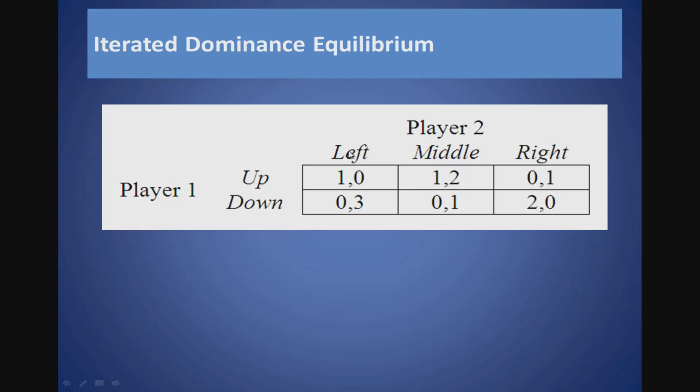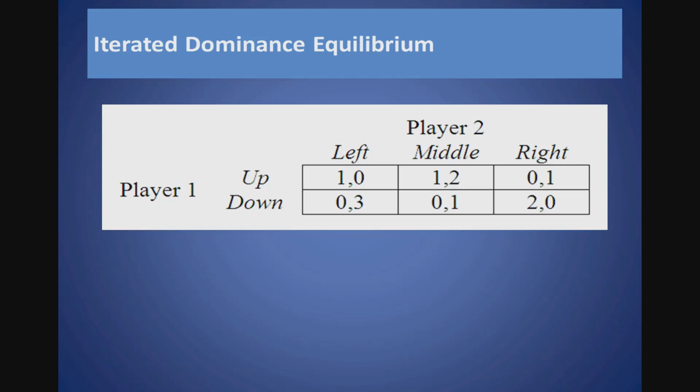Given these various combinations, the payoffs are represented by these abstract numbers here, 0, 1, 2, and 3. So for example, if player 1 chose up, at the same time as player 2 chose left, player 1 would receive a payoff of 1, and player 2 would receive a payoff of 0. All of the other cells have an equivalent interpretation. So that's our game, and that's how we would represent this static game in normal form.